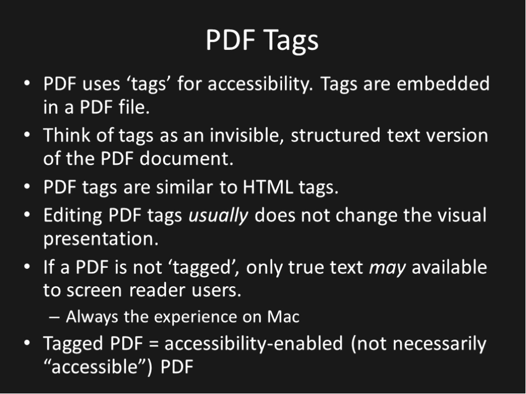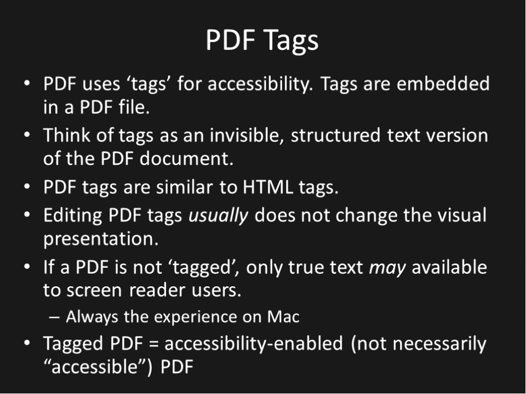So if you hear that a PDF file is tagged, that really means that it contains text and hopefully accessible information. Now, just because it's tagged does not mean that it's accessible. It just really means that it's accessibility enabled. It has the text and the ability for the markup to support accessibility.